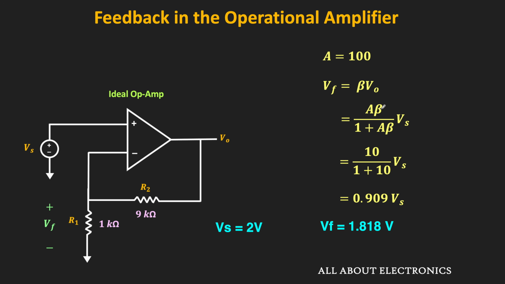That means in that case, the voltage at the inverting terminal will be 1.8 volt, while the voltage at the non-inverting terminal will be equal to 2 volt. And as you can see, in this case, this V plus is not the same as the V minus. That means here, the concept of the virtual short does not hold true. So this concept is valid when this loop gain Aβ is much greater than 1.